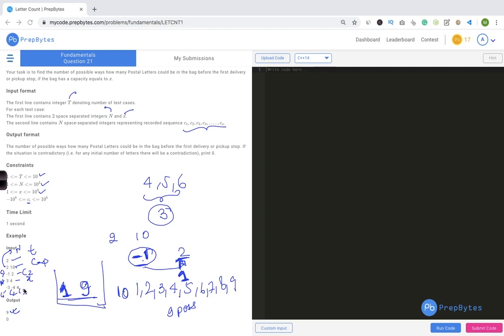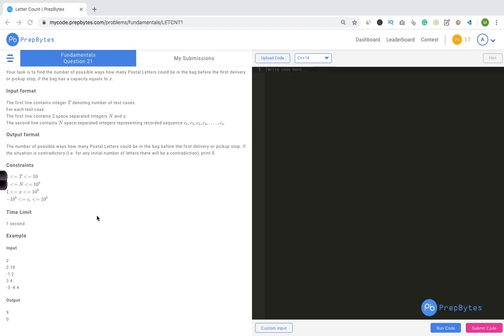Let's solve the other test case. As you can see, the other test case output is 0, which means that there is some contradiction. We cannot say, okay, this is how it's going to be. Let's try and solve this. So in this case, we have n equal to 3. We have capacity as 4, okay? And the first change is minus 3, which means that in the bag we want a minimum of 3 letters to be there, right?